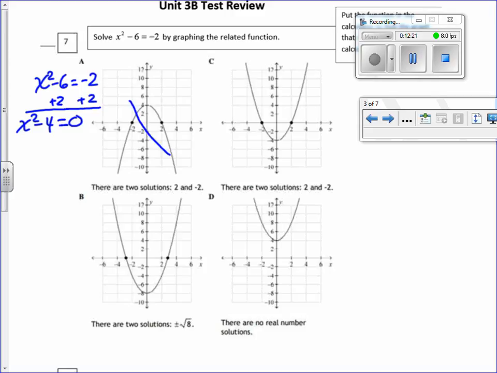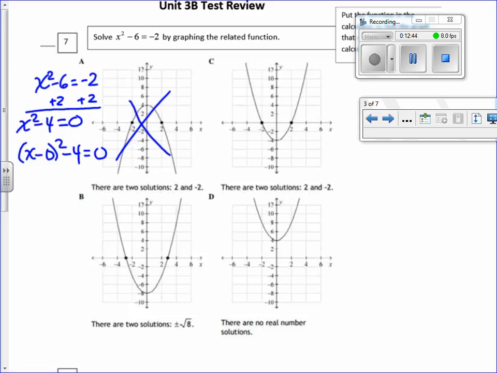A, okay? Now, you can technically tell what the vertex here is going to be. This is like x minus 0 squared minus 4. Okay, but we'll still graph it. So x squared minus 4. This one has the correct vertex.